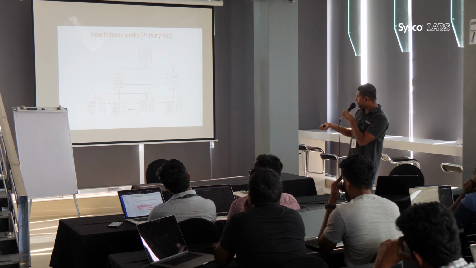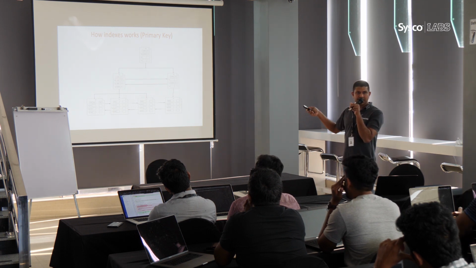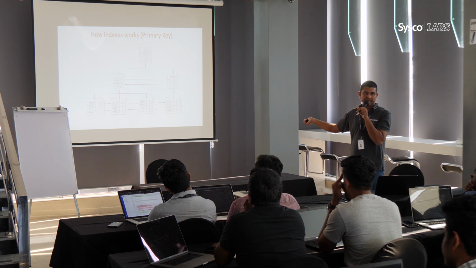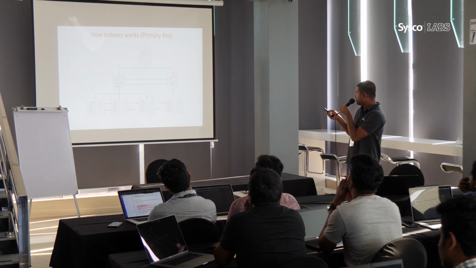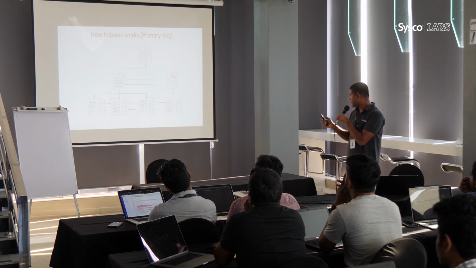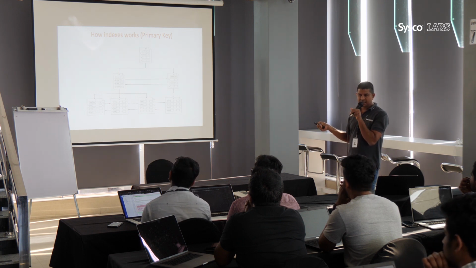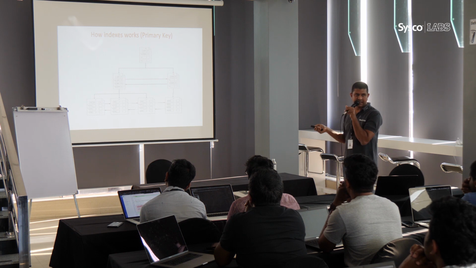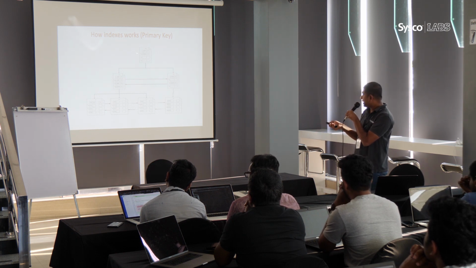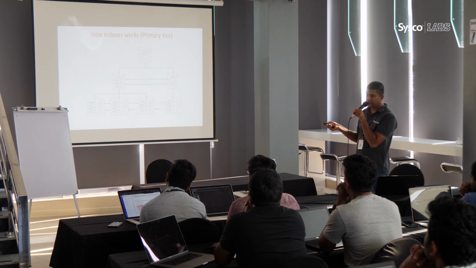And you will have a B plus tree for the index. First is the root node, which has links to all the secondary index page files. Basically, what it has is the next page, the starting point.